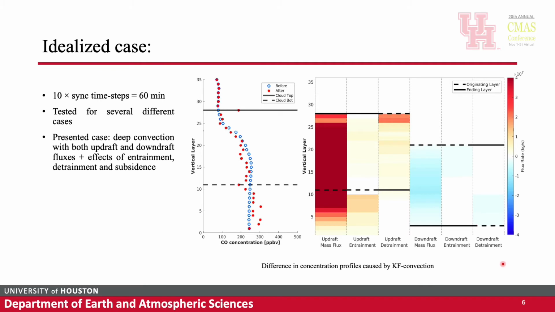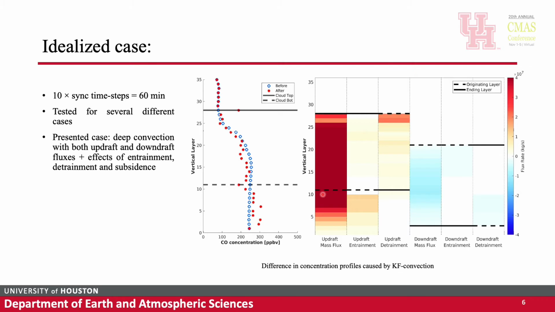On the right, you can see all these mass flux rates. Basically, the updraft mass flux has the highest impact, and also the downdraft mass flux. These two have the highest impact. The entrainment and detrainment level of impact is lower.